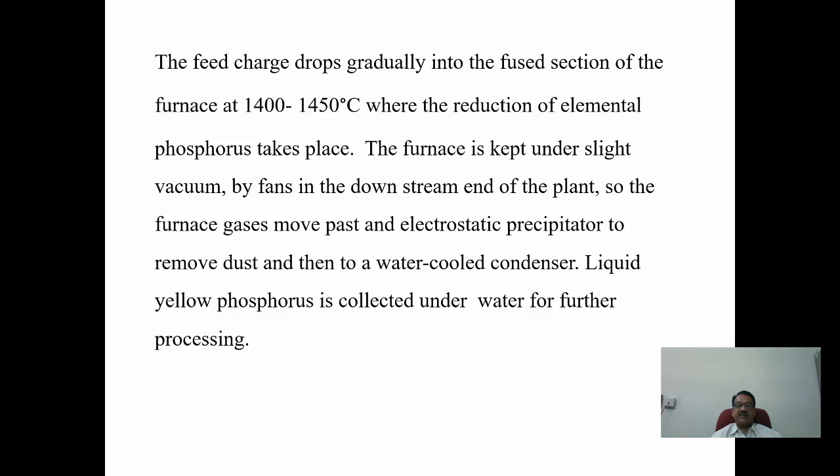The furnace is kept under slight vacuum by a fan at the downstream end of the plant, so the furnace gases move past an electrostatic precipitator to remove dust and other foreign materials, and then to a water cooled condenser. Liquid yellow phosphorus is collected under water for further processing.